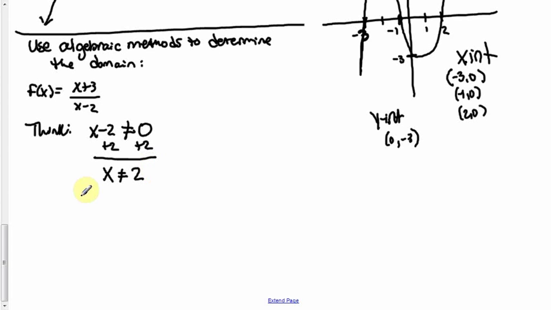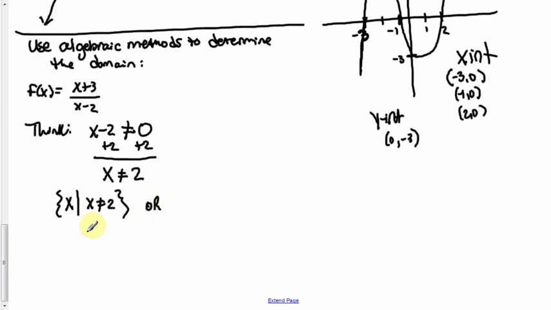So there's two ways you can write this. I like interval notation, but I'm not sure that they're not going to throw this set builder notation at you. So you can write it as the set of all x such that x cannot equal 2. That's called set builder notation.